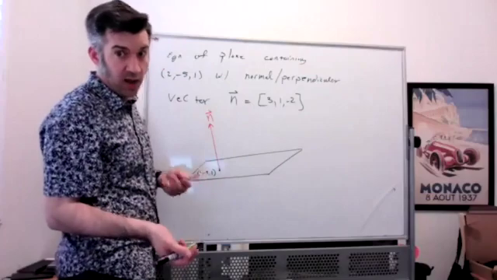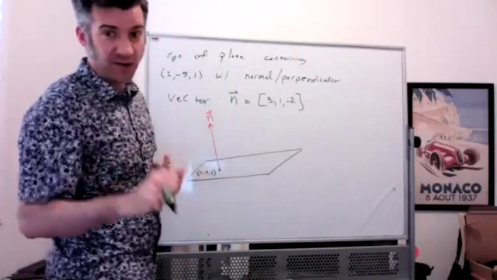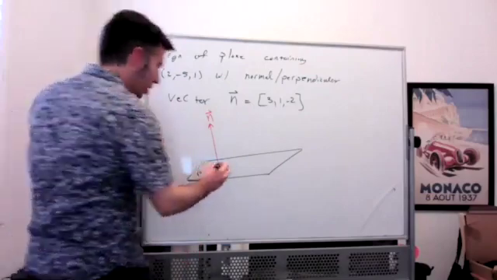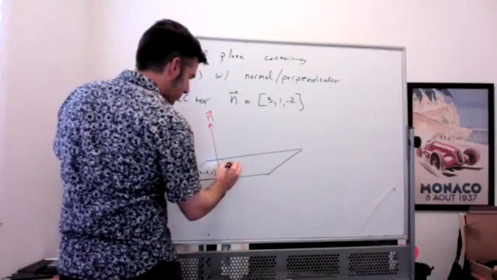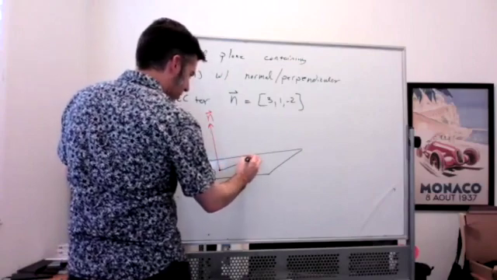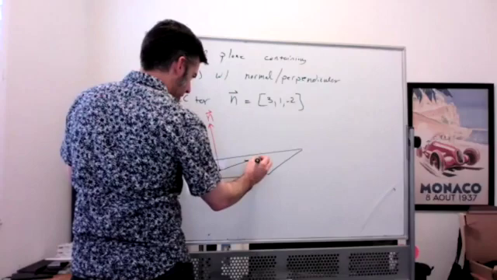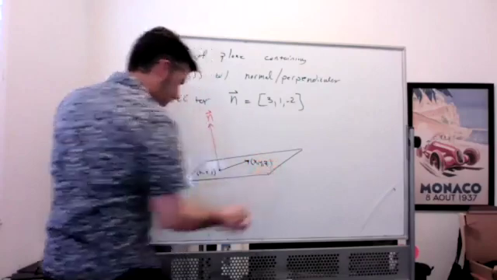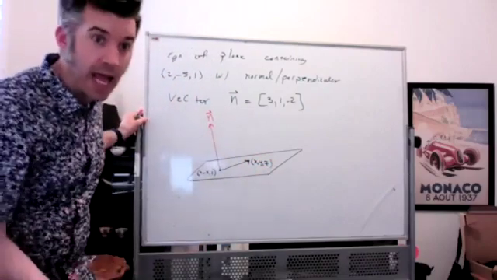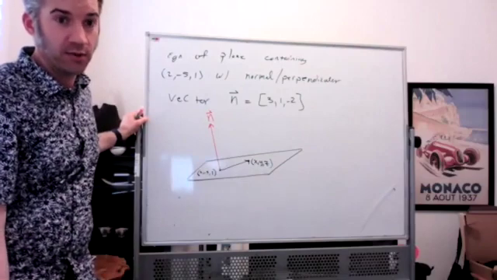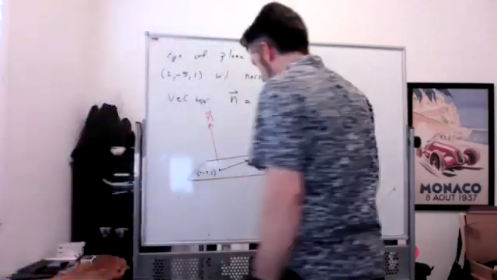That's what normal means, which means it's perpendicular to any vector in the plane. So I'm going to draw another vector in this plane, and it's going to terminate at the point (x, y, z), where (x, y, z) is any point in the plane.